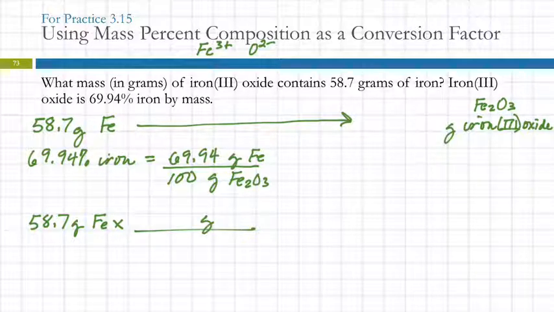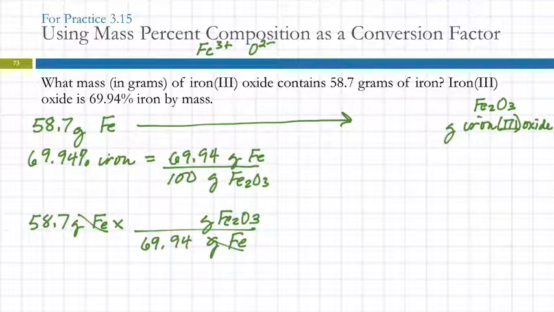So I want grams of Fe2O3 on top, and I want grams of iron on the bottom. I'm letting the units tell me what to do. So I've got the units to work out, and that tells me where to put these numbers. I'm going to take this 69.94 and put it on the bottom. And the 100 goes on top, because that's what I need to do to make the units work out.